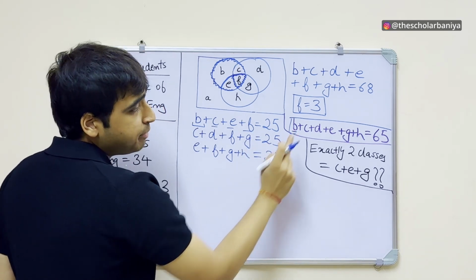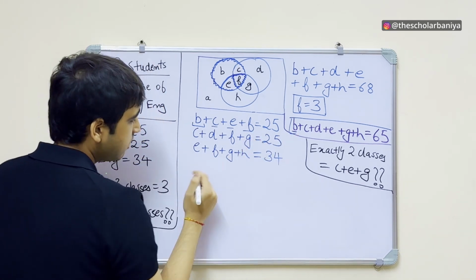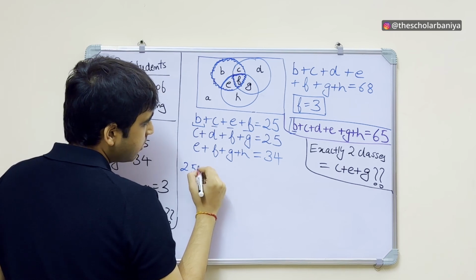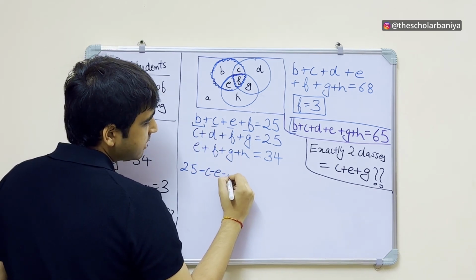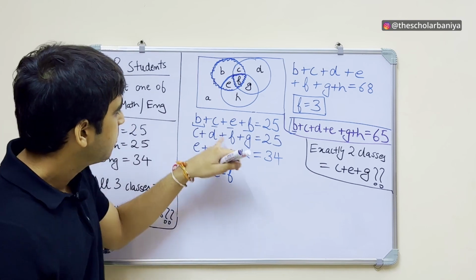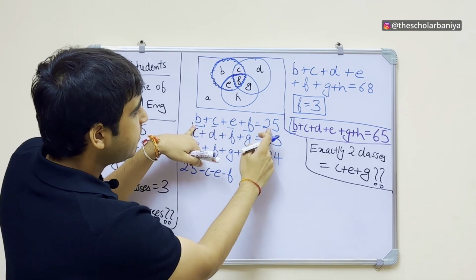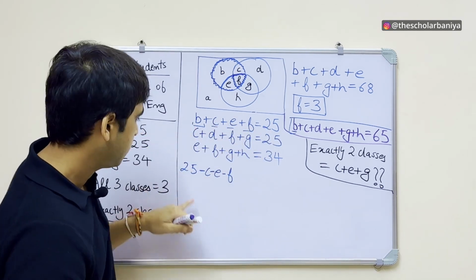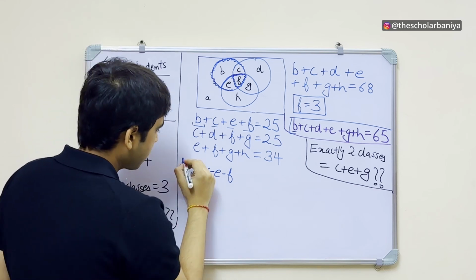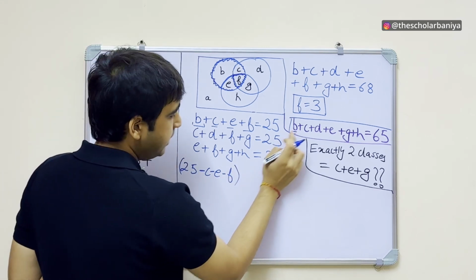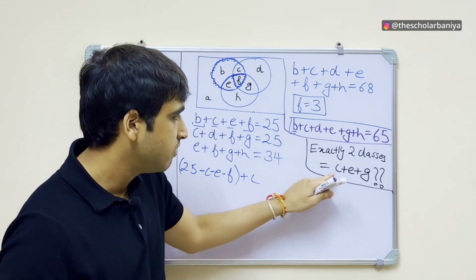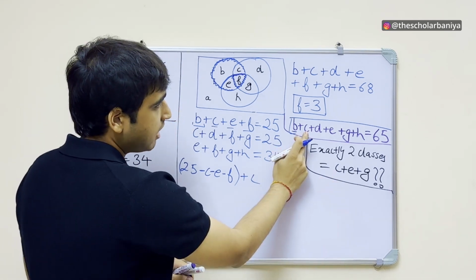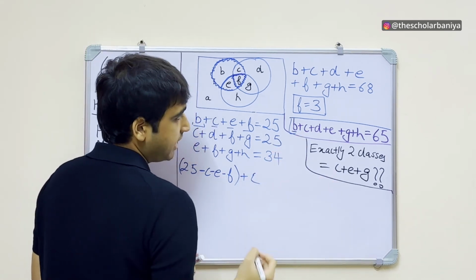So instead of B, we can write 25 minus C minus E minus F, right? Because B is equals to 25 minus C minus E minus F, right? So this was B plus C. C remains as it is because we need C, right? So C comes over here directly, right?